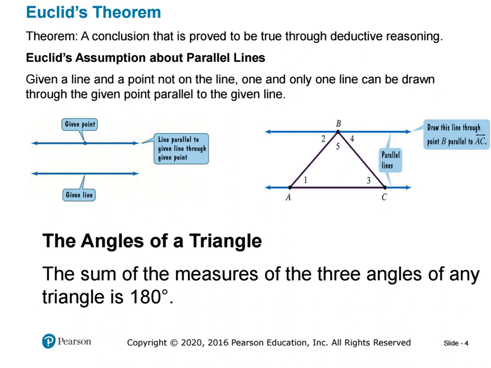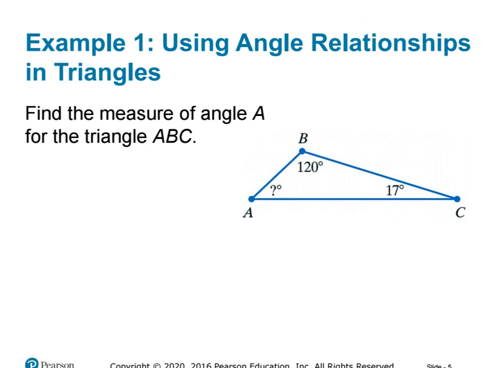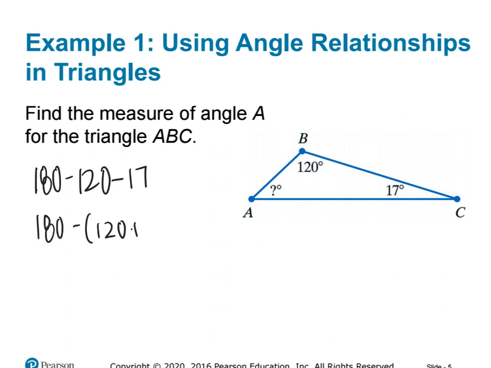So the angles of a triangle measure up to 180. All right, so it says find the measure of angle A for the triangle ABC. So remember, they all add up to be 180. So we would have 180 minus 120 minus 17. Or you can do 180 minus, and then you add those two together.